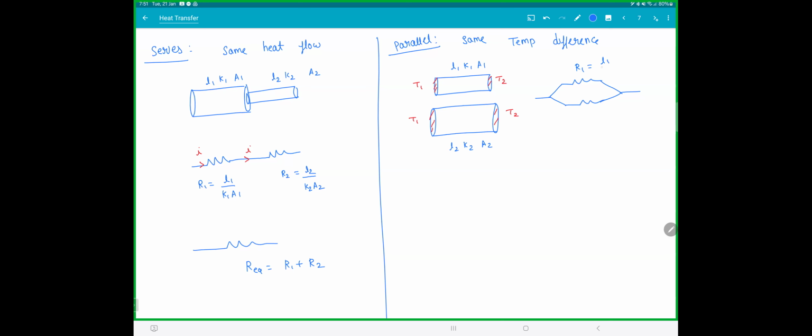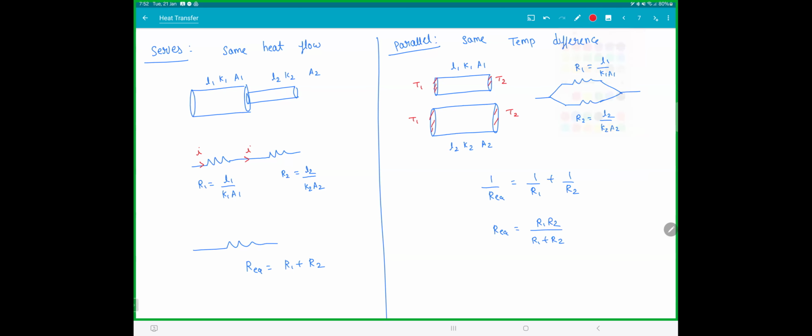R1, which is L1 by K1 A1. This is R2, L2 by K2 A2. 1 by R equivalent is 1 by R1 plus 1 by R2. R equivalent is R1 R2 by R1 plus R2.